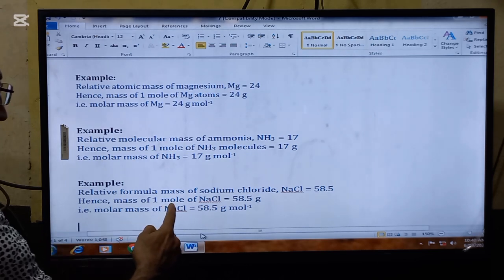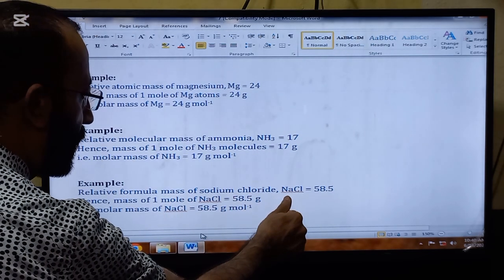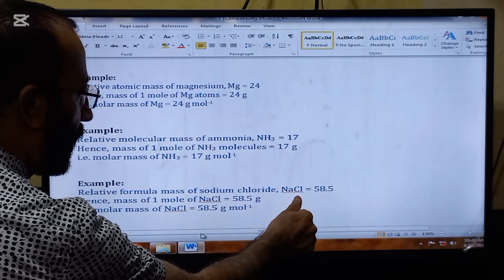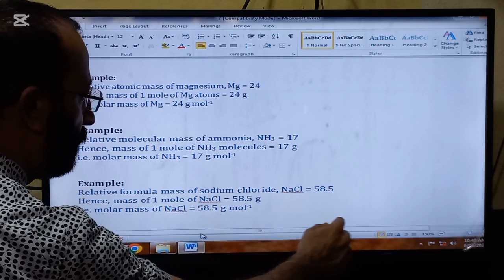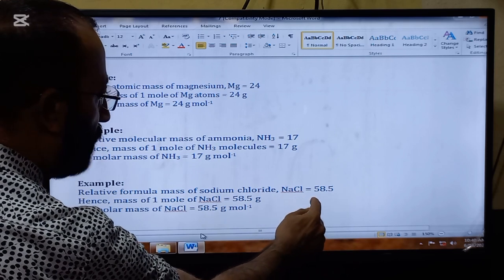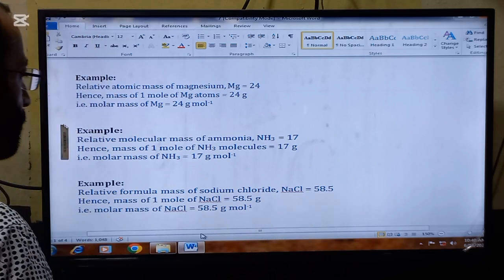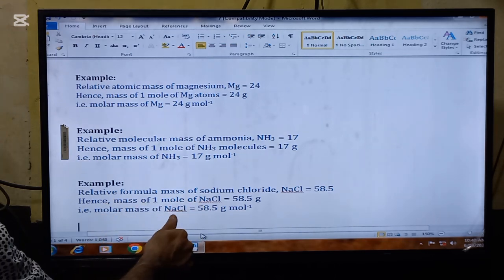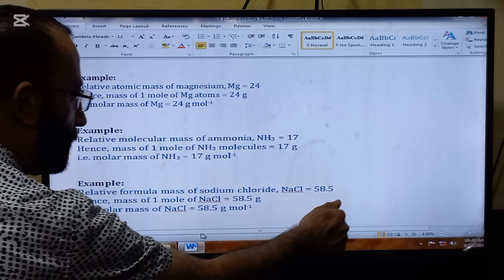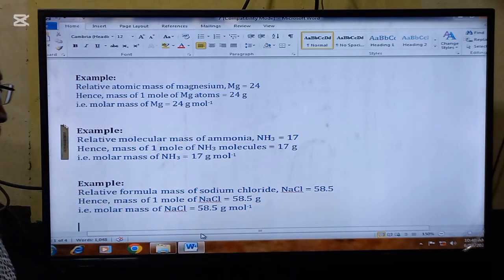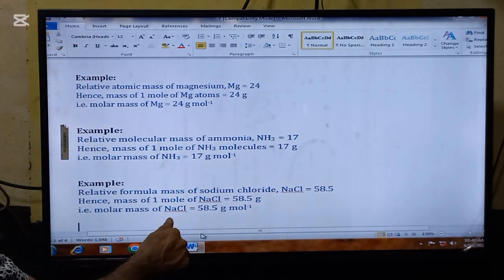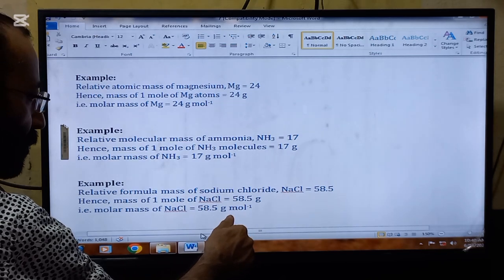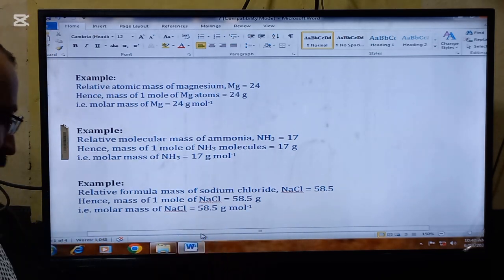The same method will be used over here. Relative formula mass of sodium chloride: sodium is 23, chlorine is 35.5, so 23 plus 35.5 will be equal to 58.5. This is the relative formula mass. Now the mass of 1 mole of sodium chloride, gram will be put with it. And the molar mass of sodium chloride, gram per mole will be put with it.